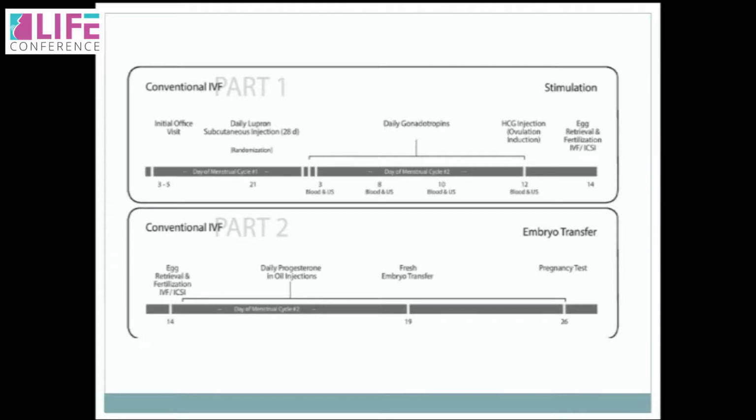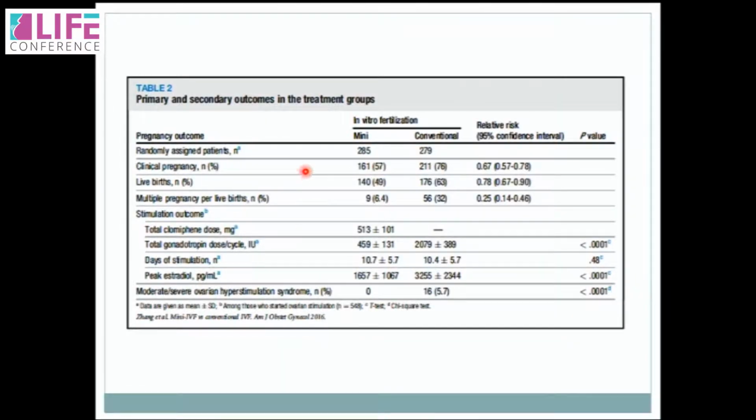Another thing that is important to emphasize is that they transferred 2 embryos on the fresh cycle compared to 1 embryo with the minimal stimulation. So that's another maybe weird way to compare these things. Now look at this, this is interesting, these were the results.